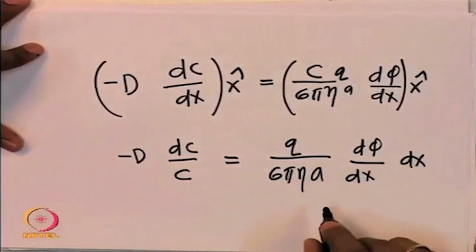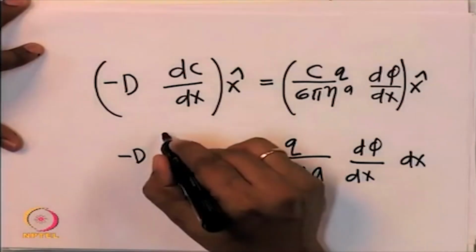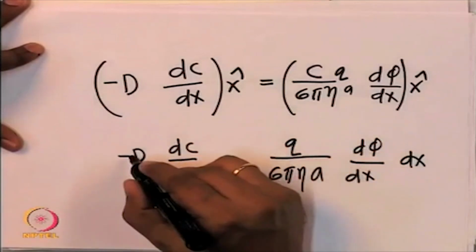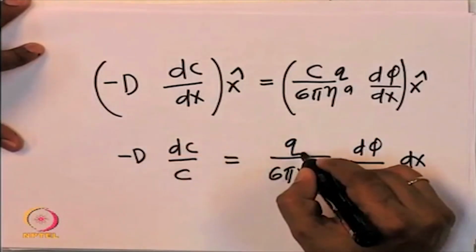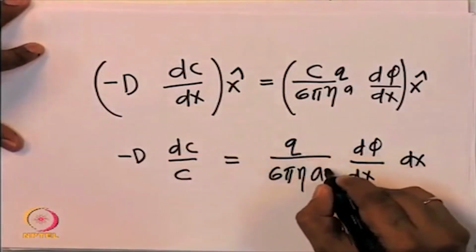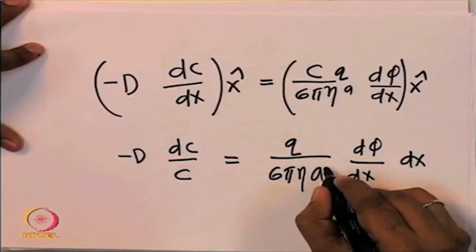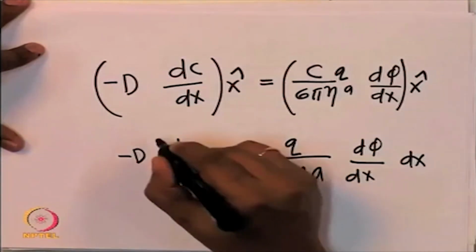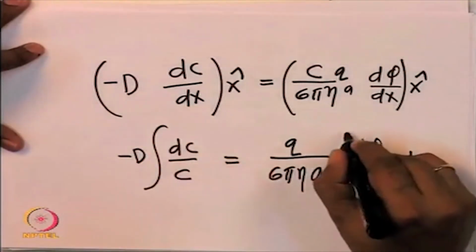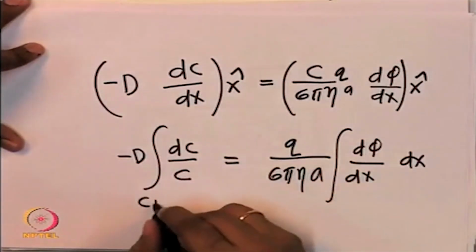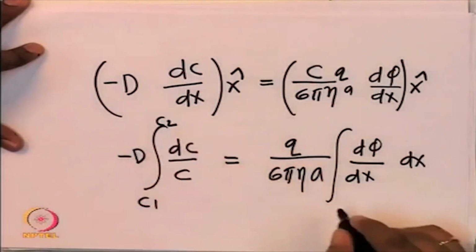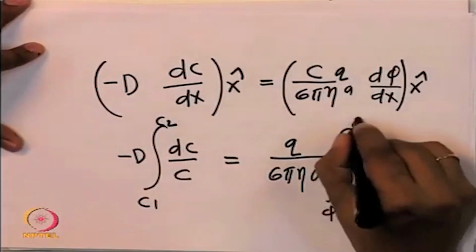This is the equation. Now, we have to integrate. If you wish, I can take this d also this side, but I can integrate both sides, this C1 to C2 and this phi 1 to phi 2.